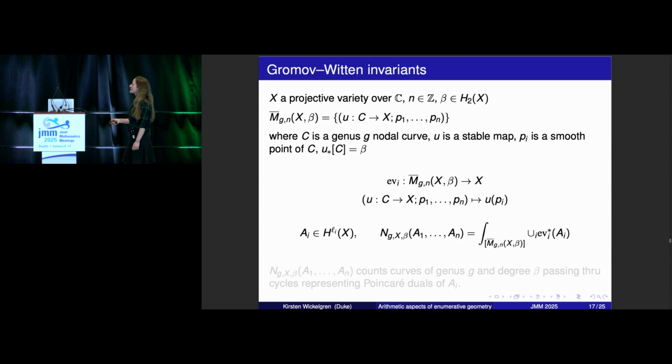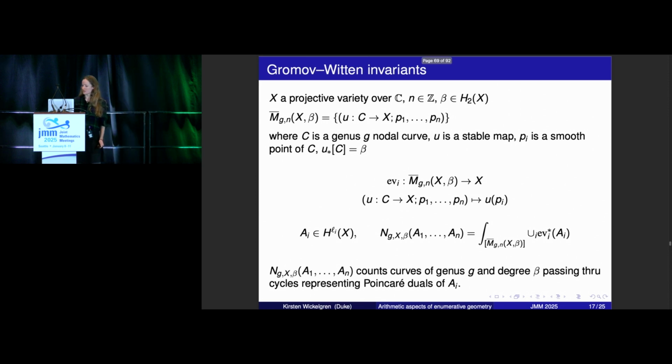So we take the cup product of all of these and then push it forward to the point, and this defines an integer, which then is a count of curves of genus g and degree beta, passing through cycles representing the Poincaré duals of a_i. So we're counting curves subject to some conditions, like it runs into a line or a point, et cetera.